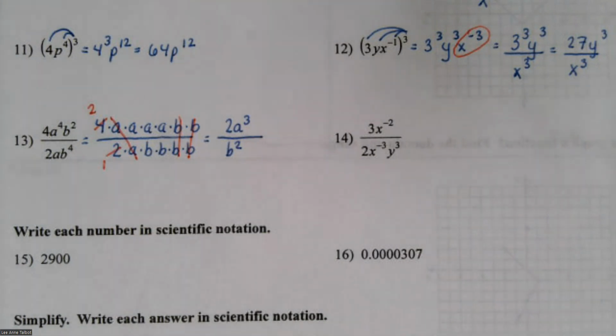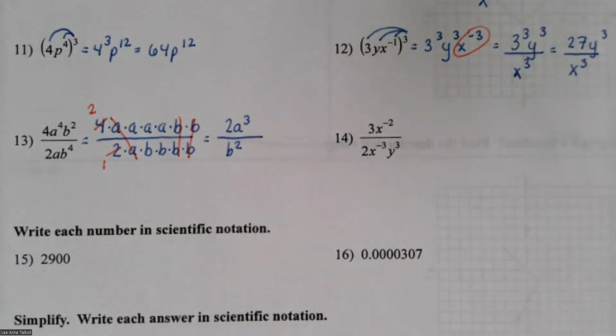Now, I have some kids in here that are pretty advanced. Does anyone think that they could just go from here to here without that? And if you can, that's okay. I'm just showing this because it's the first time, but if you can go from there to there and get the correct answer, I'm totally fine with it.